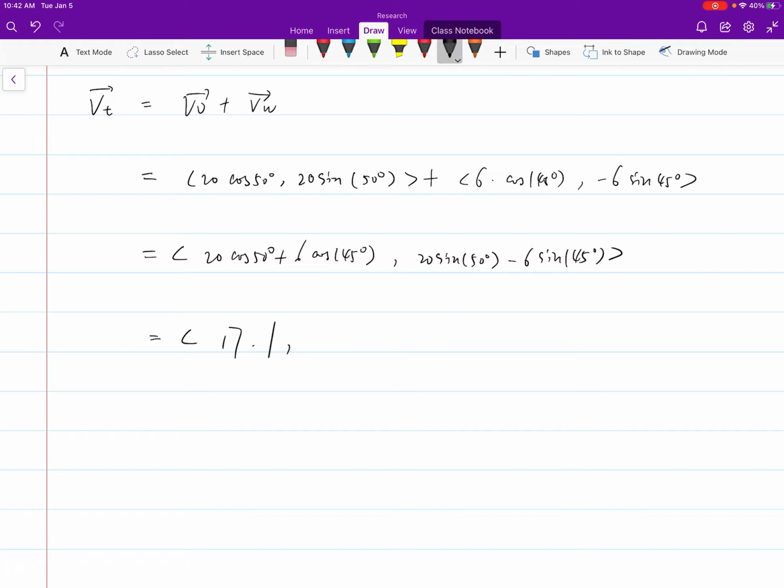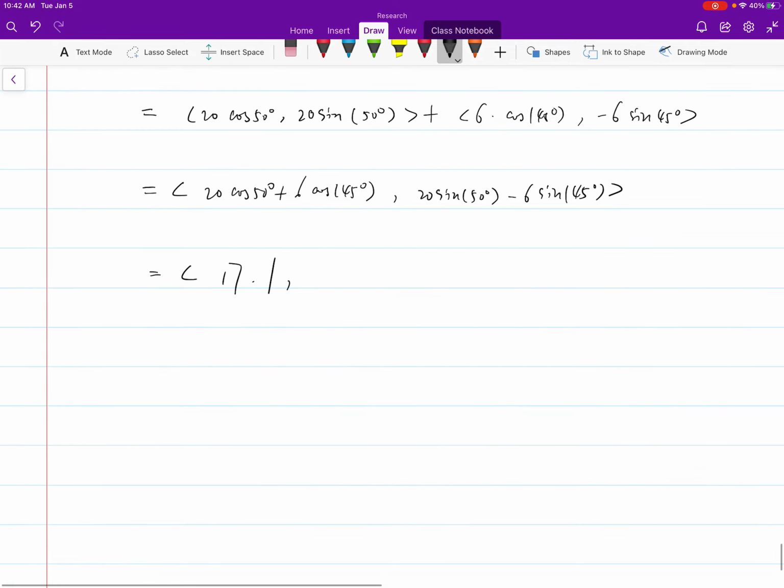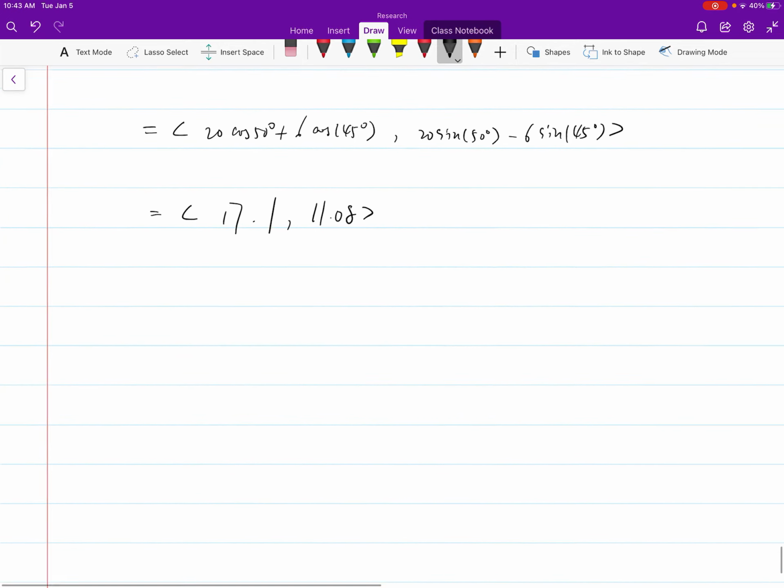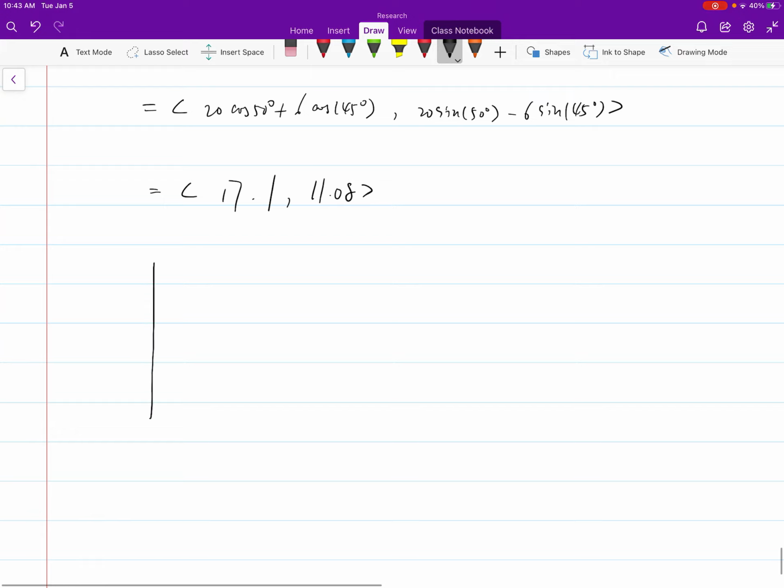Oh, that's an exact number. That's interesting. Okay, and then we have 20 sine 50 degrees minus 6 sine 45 degrees. That will give you 11.08. Okay, so that would be the final direction.